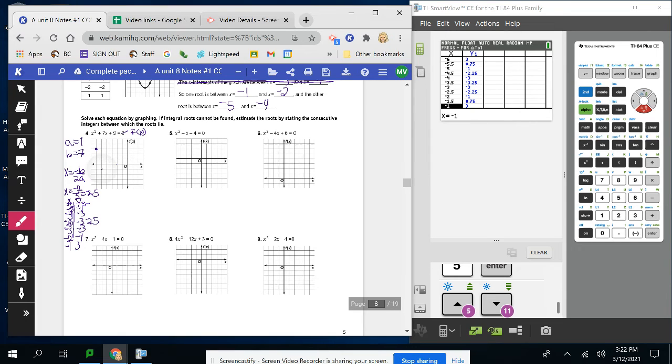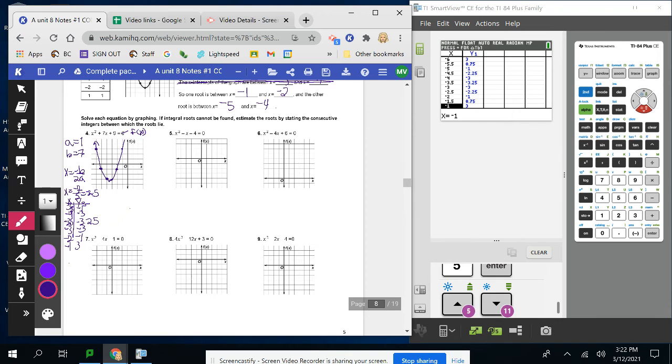Negative 5 is negative 1. Negative 4 is negative 3. Negative 3.5 is negative 3.25. Negative 3 is negative 3. Negative 2 is negative 1. And negative 1 is 3. So here's my parabola.